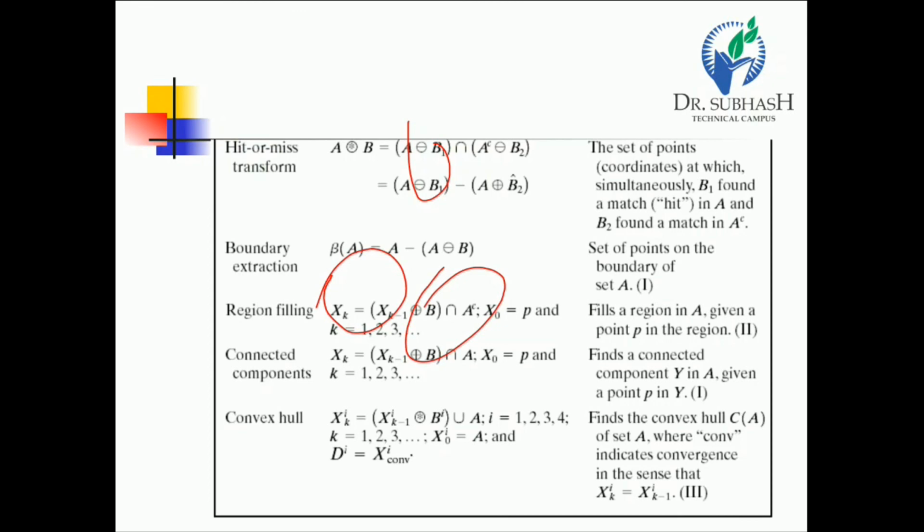Now connected components: find a connected component Y in a given A, starting from point P. Now the convex hull is the function where we can put different values of k equal to 1, 2, 3 up to k minus 1, and find the convex hull C of a set A, where the convergence is in the sense that X of k.